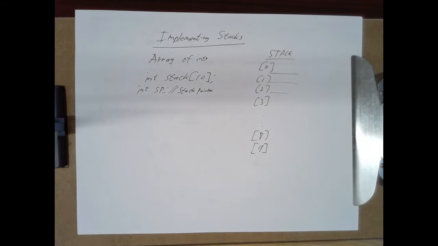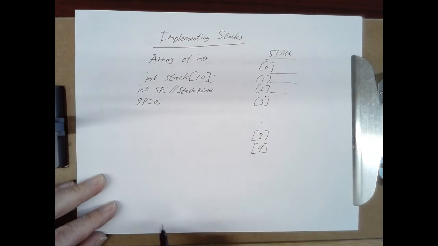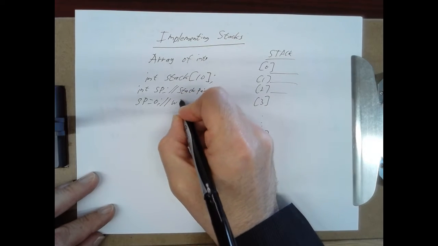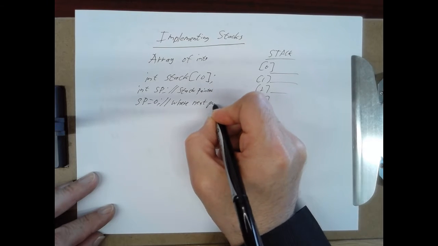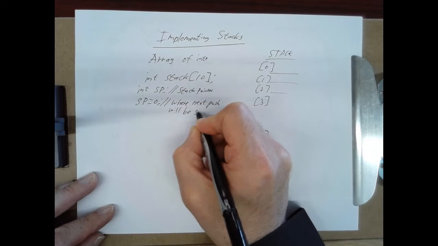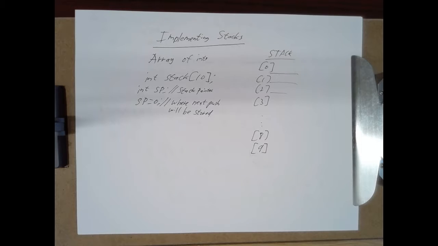So with this convention, I'm going to initialize it to 0. And so SP is telling me where the next push will be stored. SP always says, where am I going to store the next thing that I push?